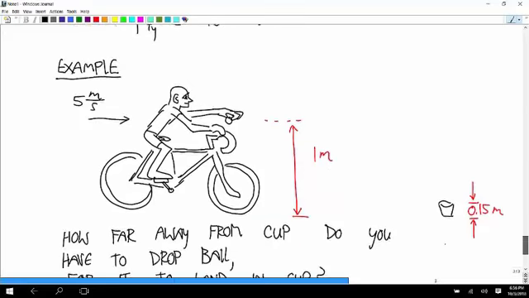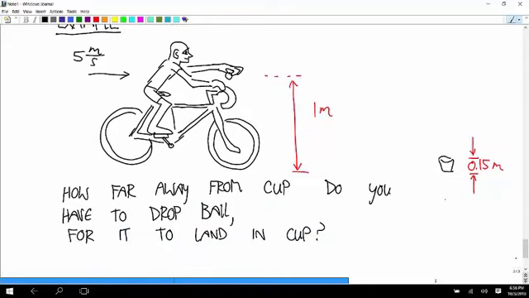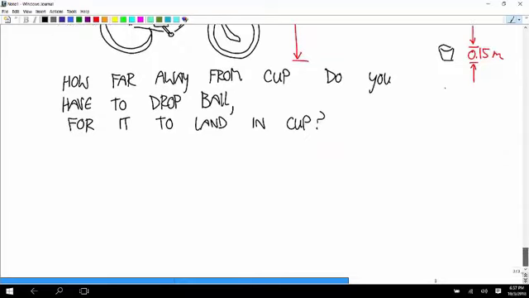Okay, so basically, you know the speed that you're going to be biking along, and we're going to see if we can calculate what the horizontal distance should be between the cup and the ball when you let go of it. You know, if we calculated, you could put some tape down on the floor and do it, and get your friends at a party or something. You can do this. Any questions about the problem?